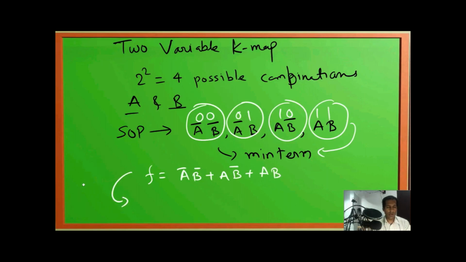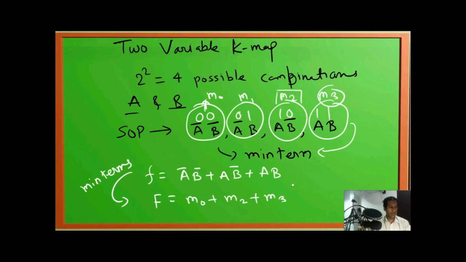We can write this in the form of min terms as f is equal to m0 plus m2 plus m3, where A bar B bar is m0, A B bar is m2 and AB is m3. So like this we can write them.